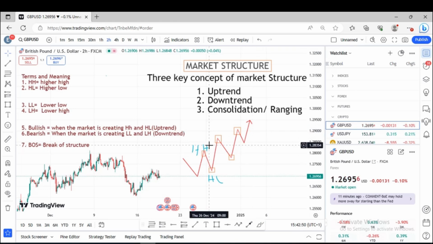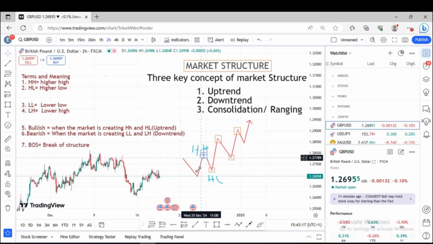But mind you, before we call a trend an uptrend, the market must have a break of structure to the upside. The break of structure, which is BOS, is when the market creates a higher high here, then retraces back, creating a higher low. This high here is higher than this high.